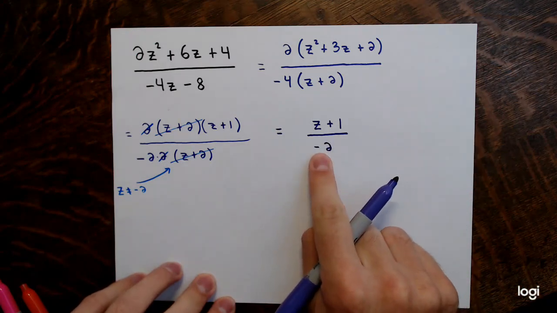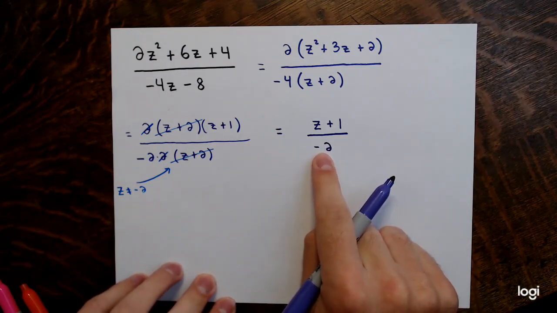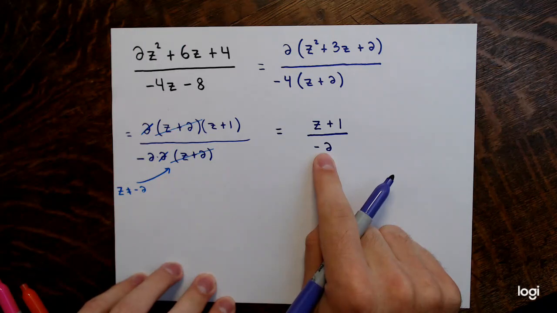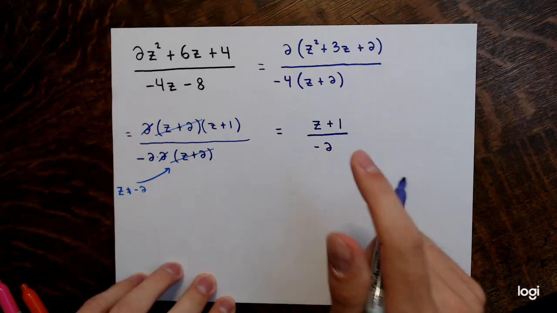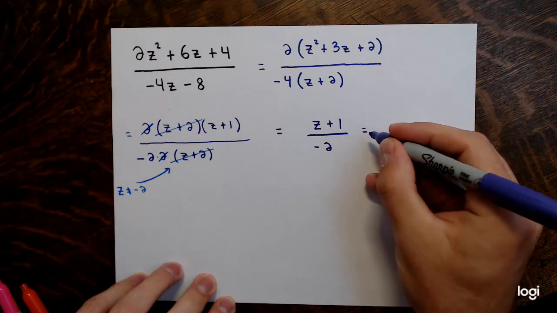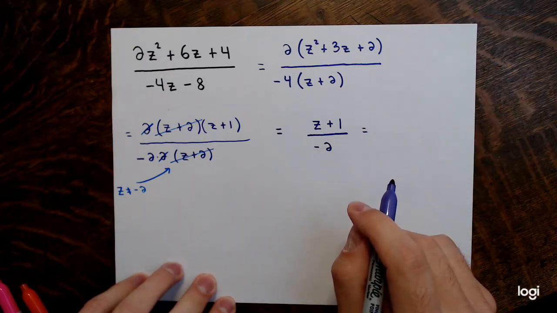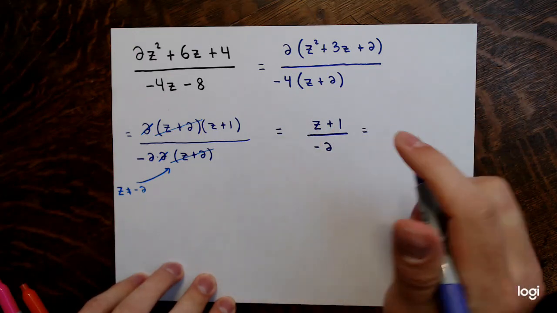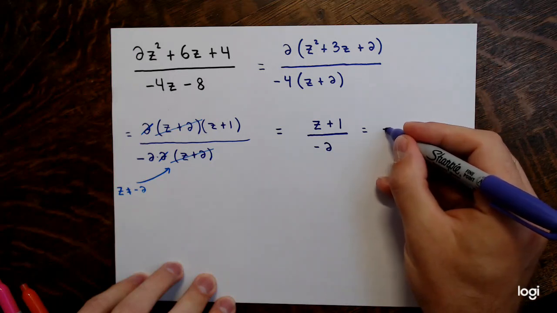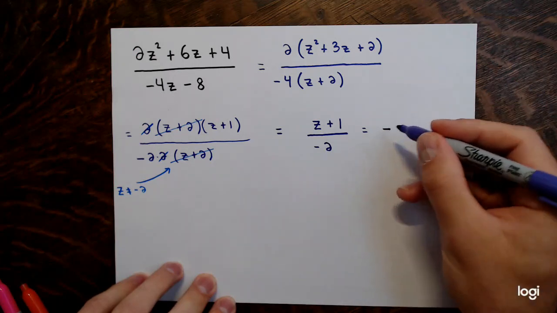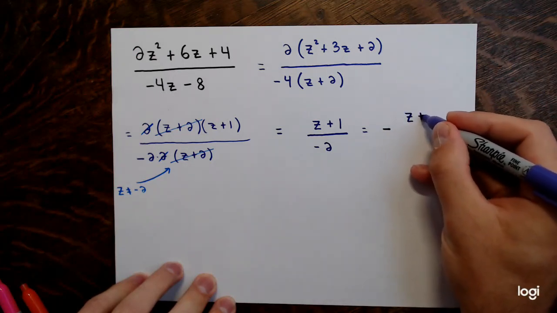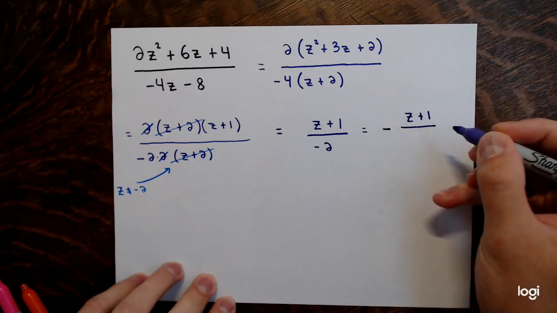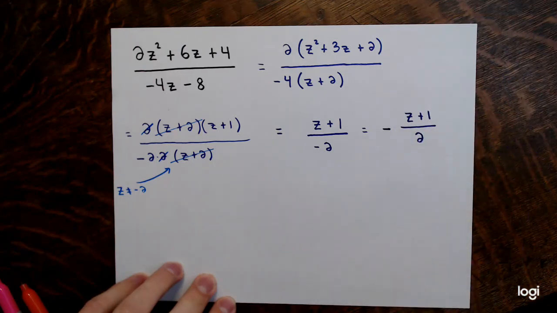Now typically it's just a standard not to put a negative number in the denominator like this. So you could rewrite this in a couple ways, where you move this to the middle, right in line with the fraction bar. So this is negative, and then z plus 1 in the numerator, and then just 2 in the denominator.